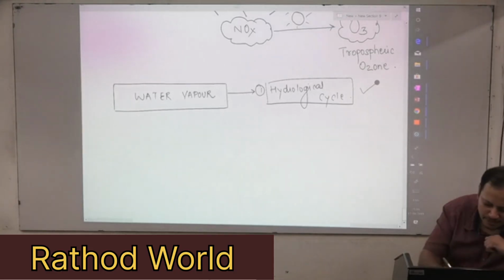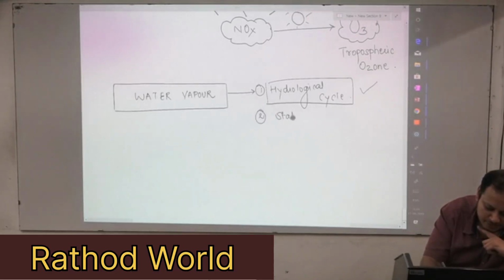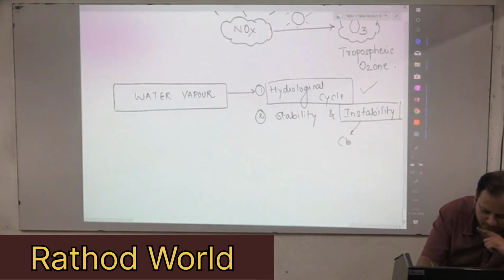Fine. It plays an important role in the stability of the atmosphere and instability of the atmosphere. And instability of the atmosphere means nothing but formation of clouds and the types of precipitation.